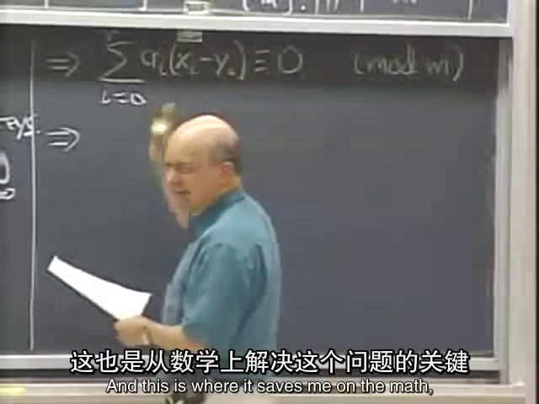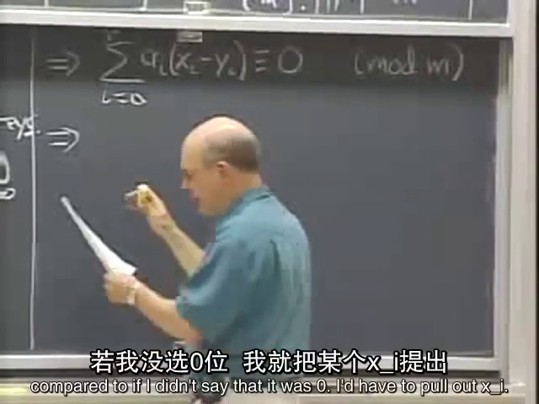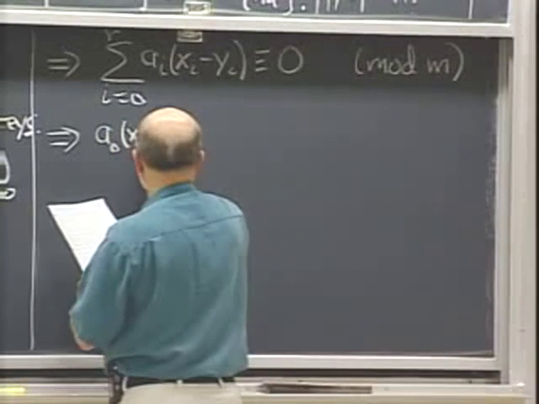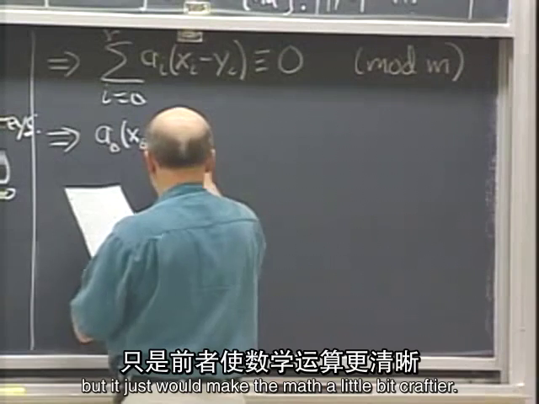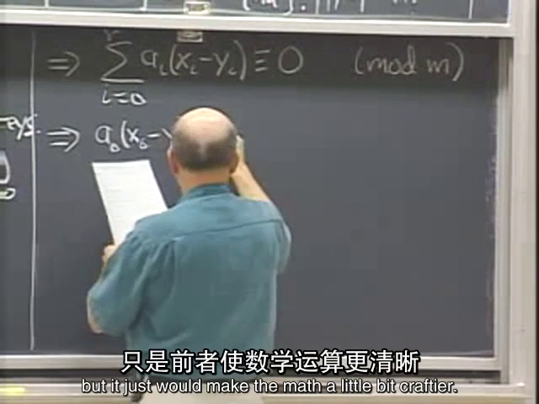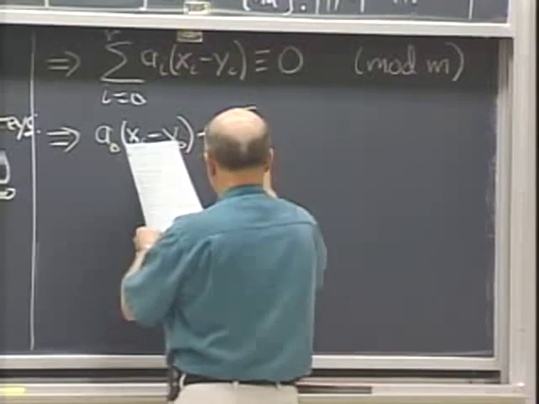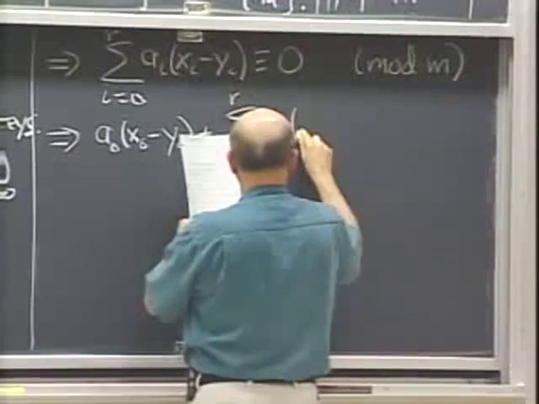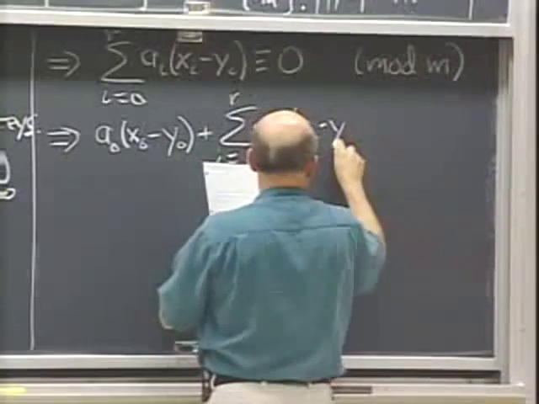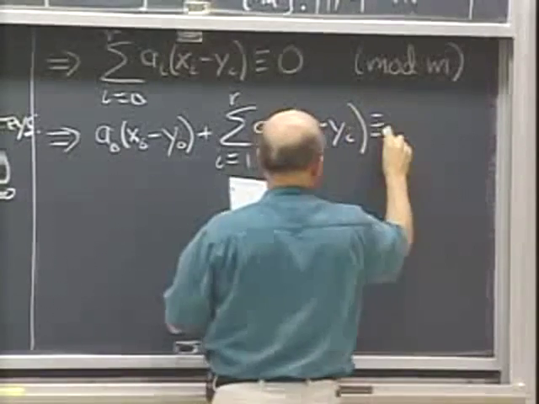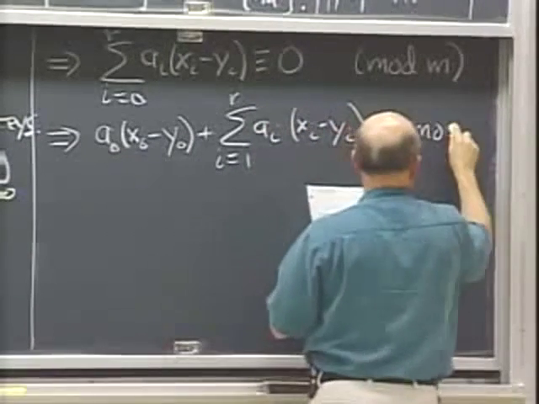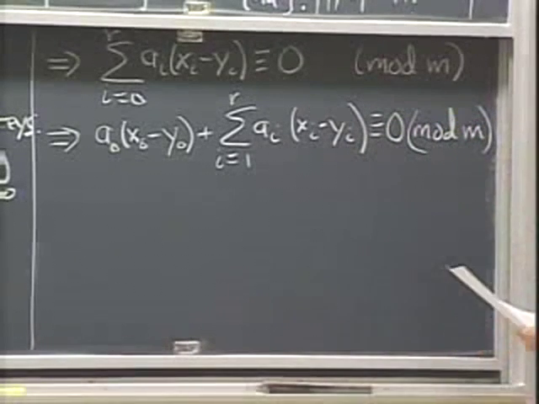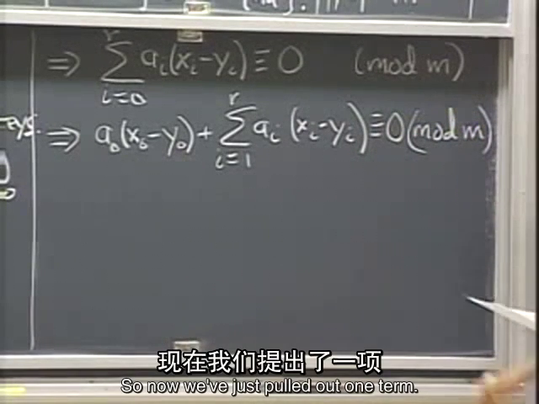And this is where it saves me on the math compared to if I didn't say that it was 0. I'd have to pull out x sub i, and it wouldn't matter, but it just would make the math a little bit cruftier. Okay, so now we've just pulled out one term.